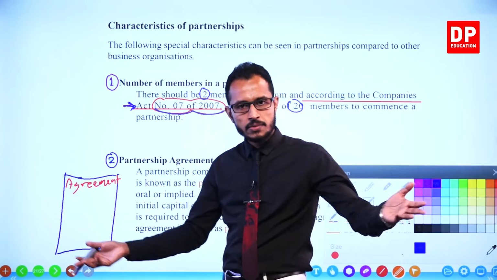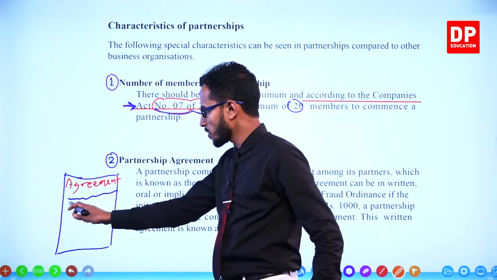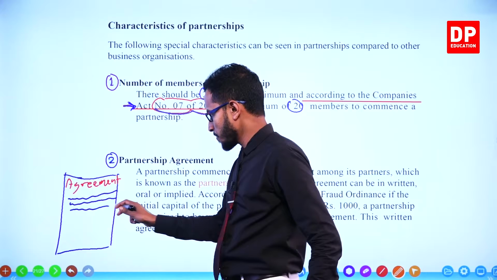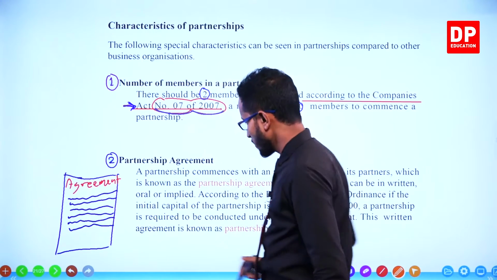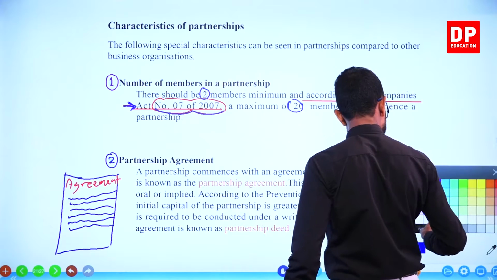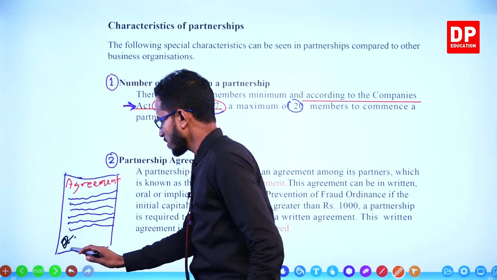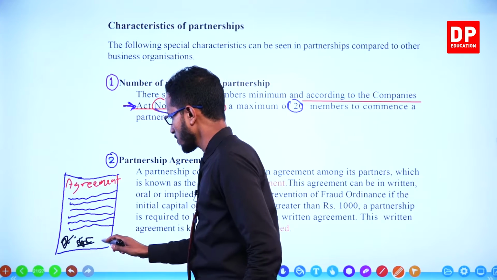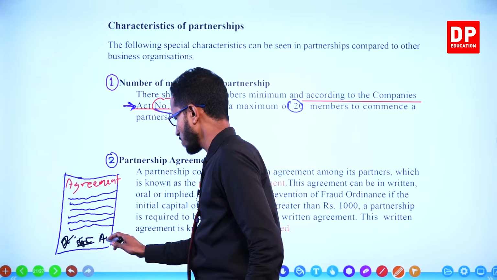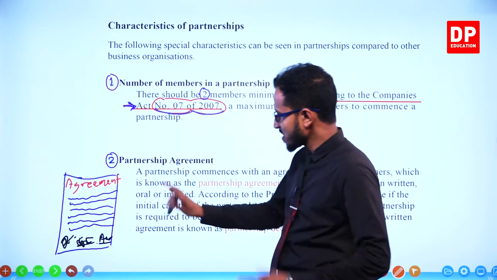You get what I'm saying, right? These are not really hard to understand. It's better to have a written agreement where the owners or the partners all together sign and agree.